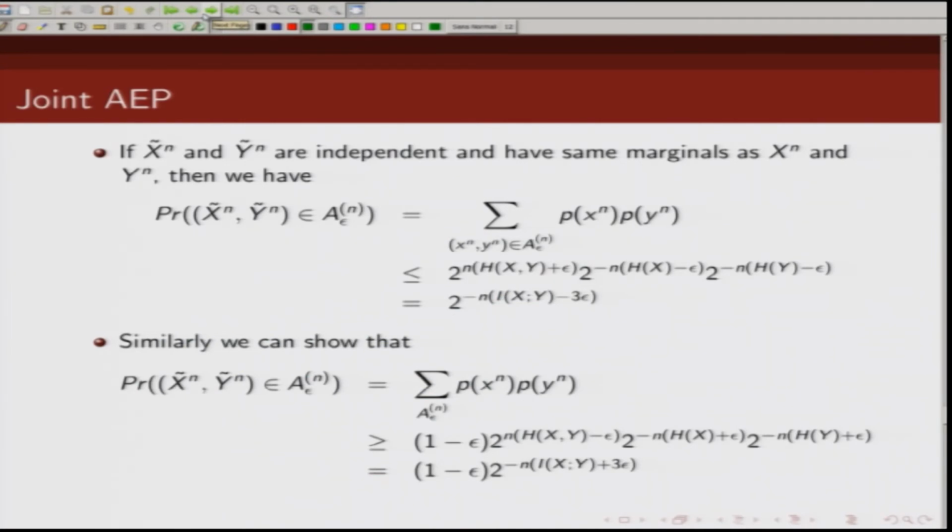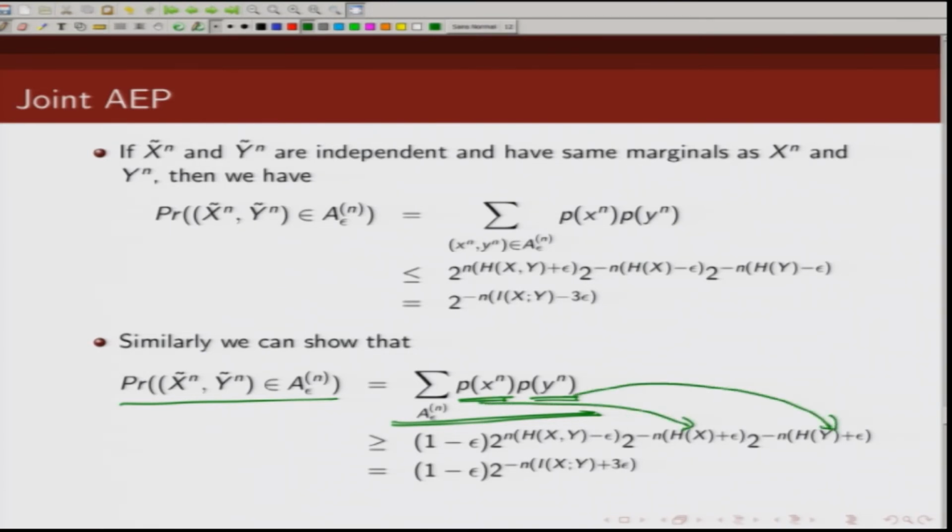We can similarly also get a lower bound on the probability that x^n tilde and y^n tilde belong to the jointly typical set. And how do we get this? Again we start with the summation of p of x^n and y^n over this typical set. Now we are going to lower bound these probabilities. So p of x^n is lower bounded by this, and p of y^n is lower bounded by this.